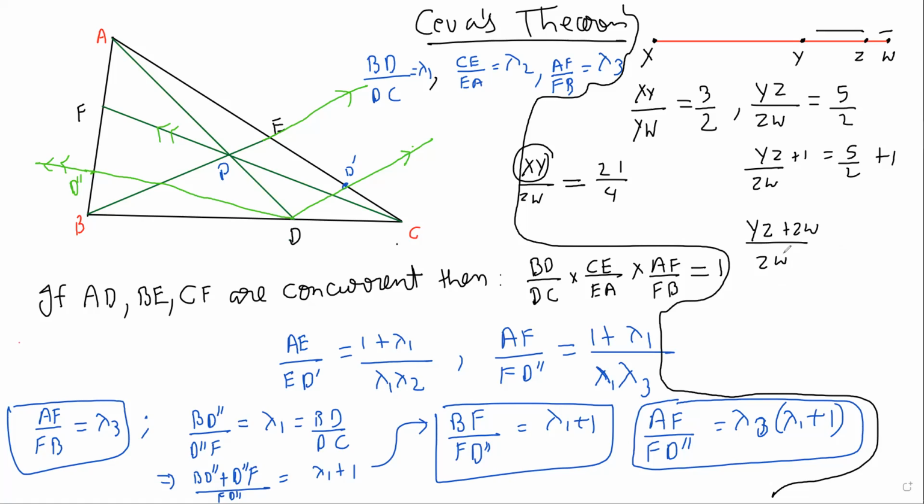When you do +1, this is what happens, and you get rid of yz. You get yw. That's the thing about lines, and then you get 7/2. Now all you need to do, you have this equation, you just need to multiply them, because that's how you'll get rid of the yw.